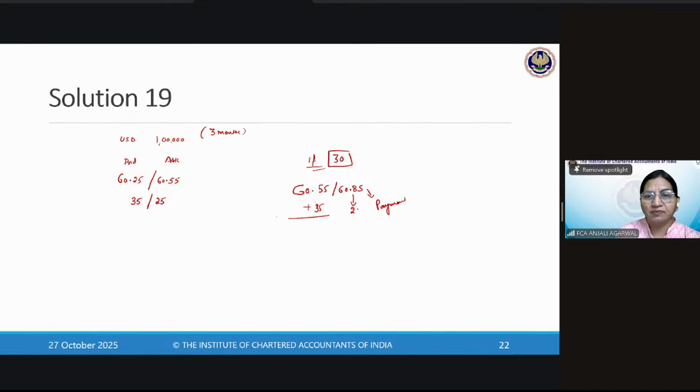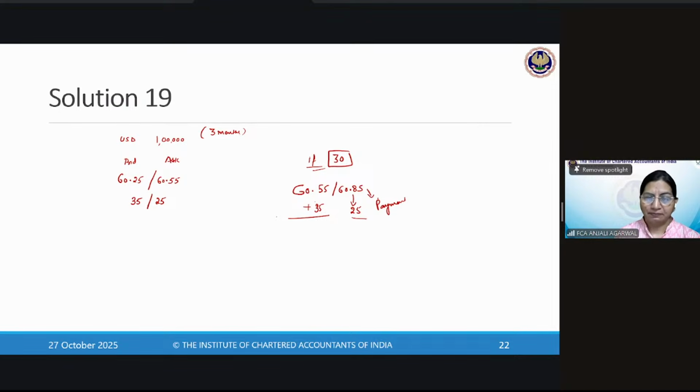Here they might increase by 25 because they have to give. They will not add exactly 30 on both sides. So when they are asking money from you, they will say pay 35 more because it has increased. But when the bank is paying to the merchant, they will also say, yes, it has increased, but by 25.